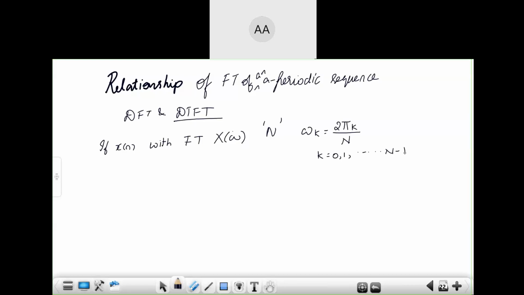Okay, that means to say that your x of k, your DFT, you can say is x of omega sampled at omega is equal to 2 pi by n into k.